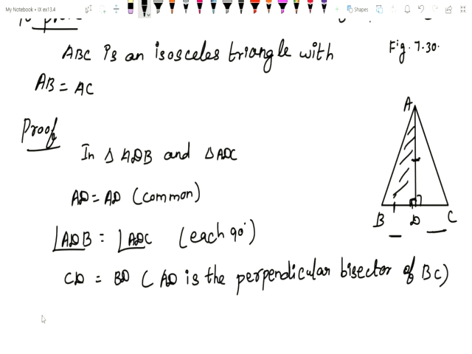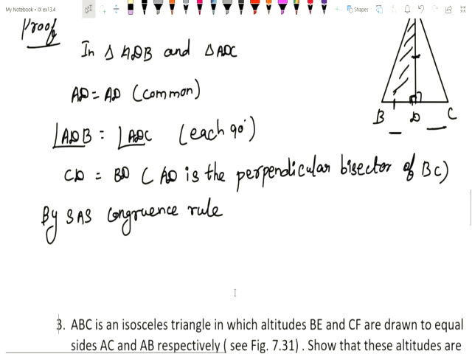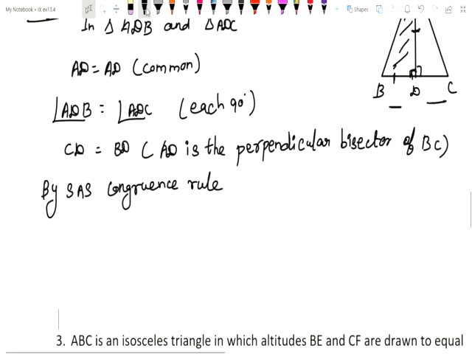So, by the side angle side congruence rule, triangle ADB is congruent to triangle ADC.